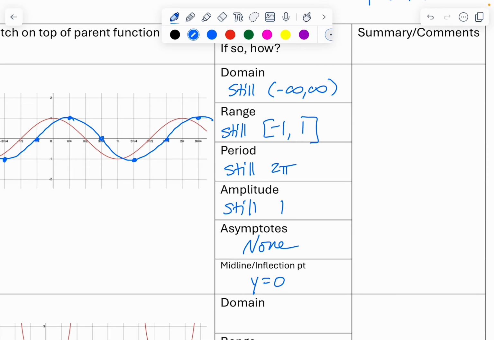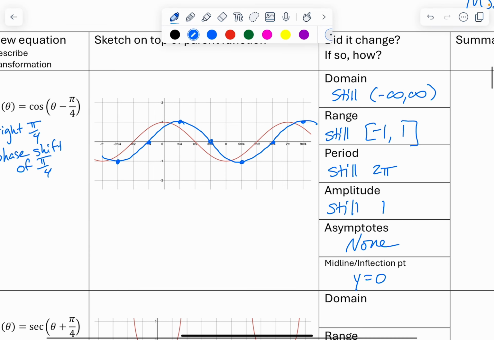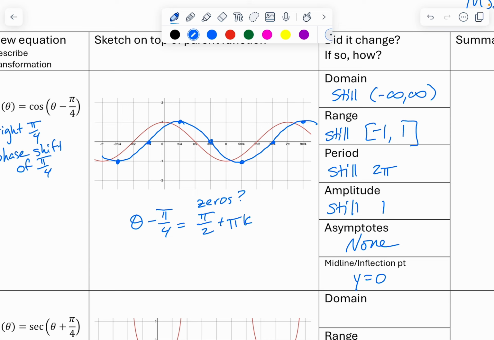Okay, so one way we can think about that is we can take this equation, theta minus pi over 4, and set it equal to where the zeros used to be. Where were my zeros on the parent function? They were at pi over 2 plus pi k. And so I'm going to add pi over 4 and say theta is equal to 3 pi over 4 plus pi k.